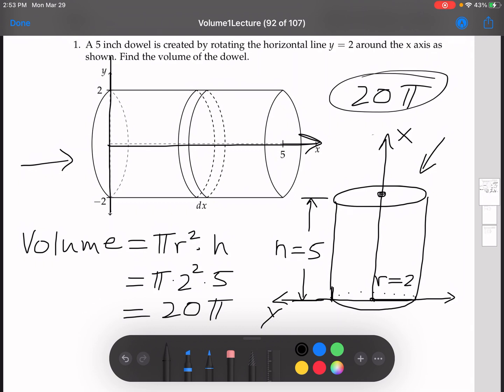So first let's think about how we actually get this three-dimensional object by rotating the line y equals 2 around the x-axis.